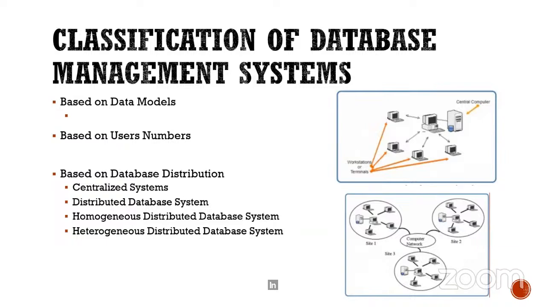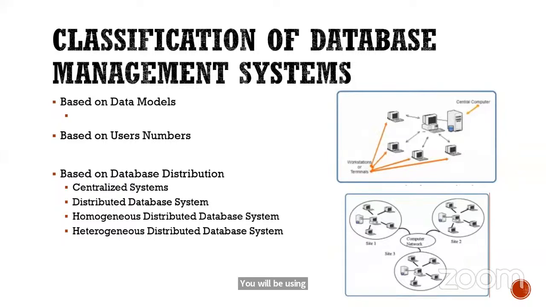Now, finally, we have the homogeneous distributed system and the heterogeneous distributed system. A homogeneous distributed system refers to the fact that, though it's a distributed system, the software that can access each database must be the same. Meaning that if you have a distributed database system, you must be using Access to access it.